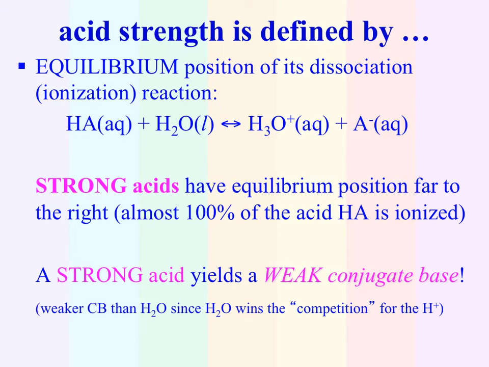Now, what you need to understand is that strong acids actually produce weak conjugate bases. So this HA is going to produce a weak conjugate base. And what that means is that if we look at H2O versus A minus, the conjugate base, with respect to competition for those protons floating around in solution, the H2O is going to be the one that picks up the protons before the conjugate base.